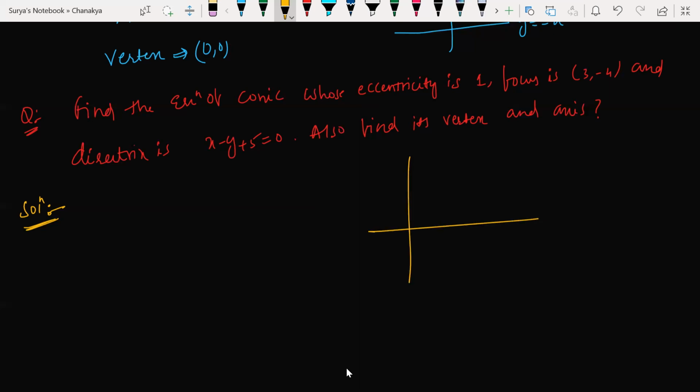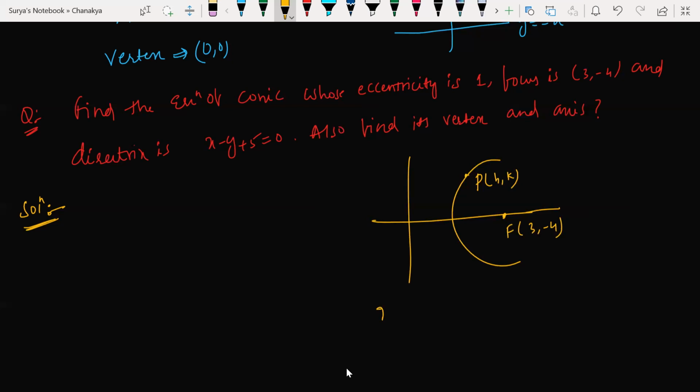If I take the positive x-axis parabola, and I take any point (h, k) on the parabola, and the focus is given as (3, -4). I'm taking an example. He is not mentioning any type of parabola, it could be any type.